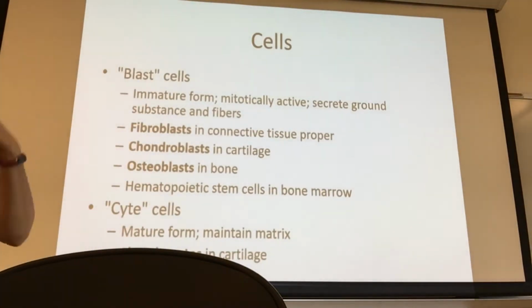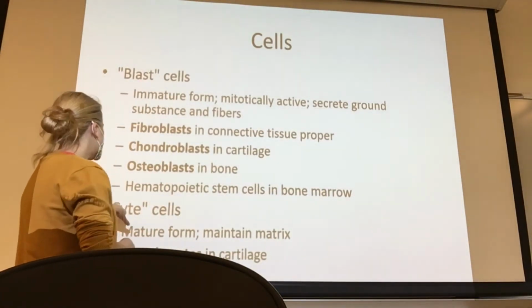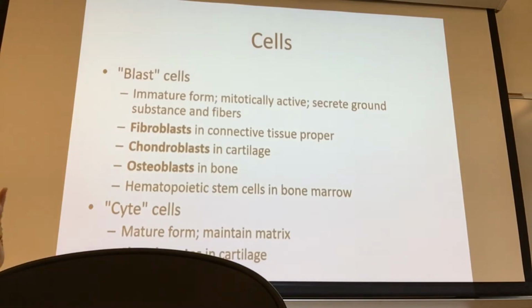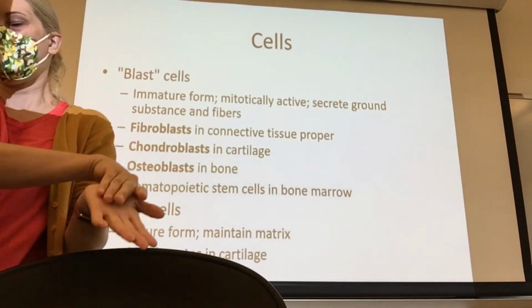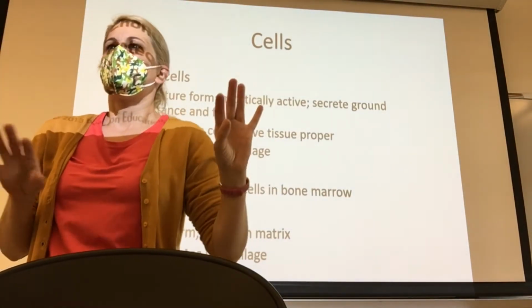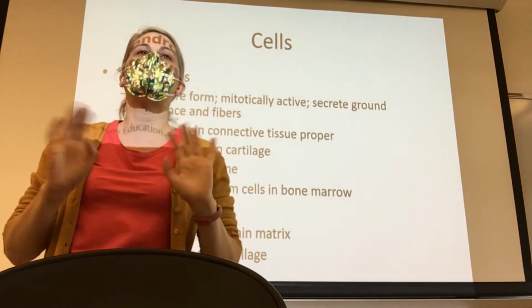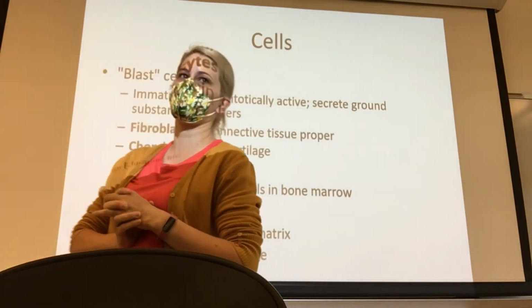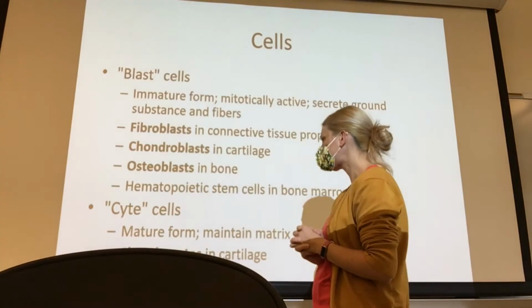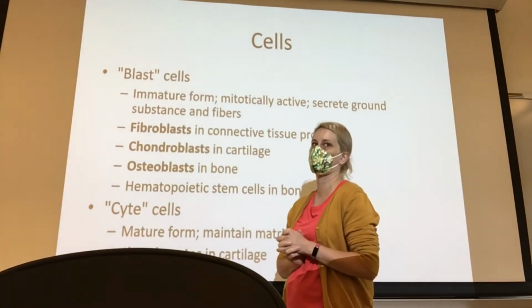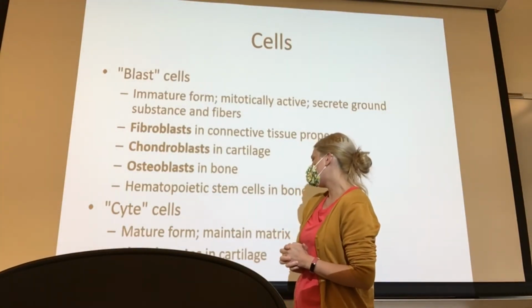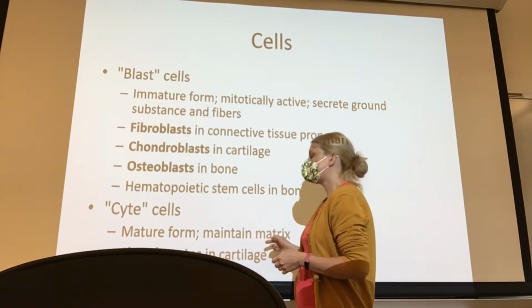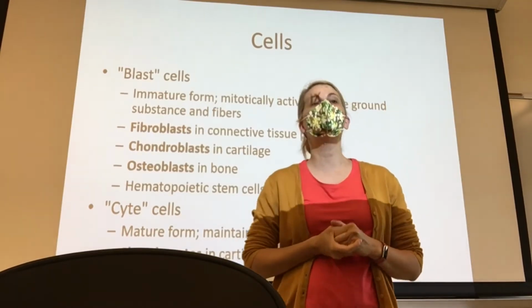When we see the suffix cyte, C-Y-T-E, that's a grown cell, all grown up. It's typically not a mitotically active cell, a healthy cell. It's ready to do its job. It maintains what we call the tissue or cellular matrix, and it lives there too.